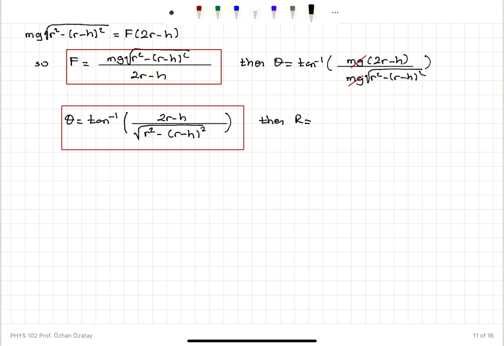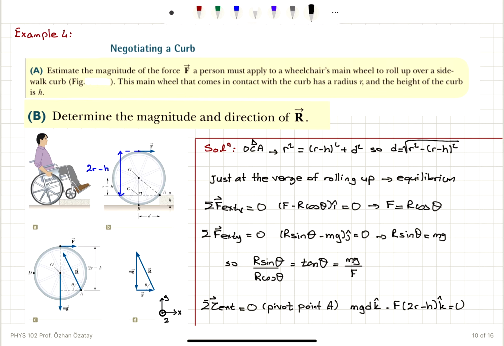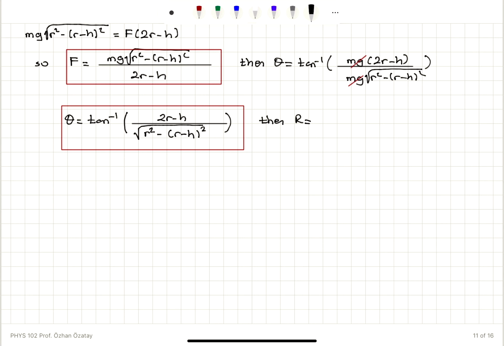What is the magnitude of R? Well, I can use this equation or this equation. It's mg over sine theta. So I can say that this is mg divided by sine theta.